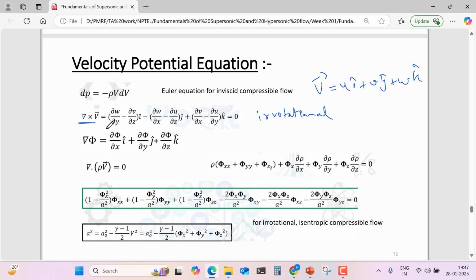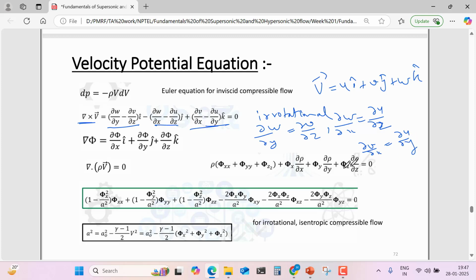For it to be 0, these three individual terms should be 0, which means dou w by dou y equal to dou v by dou z, dou w by dou x equal to dou u by dou z, and dou v by dou x equal to dou u by dou y.